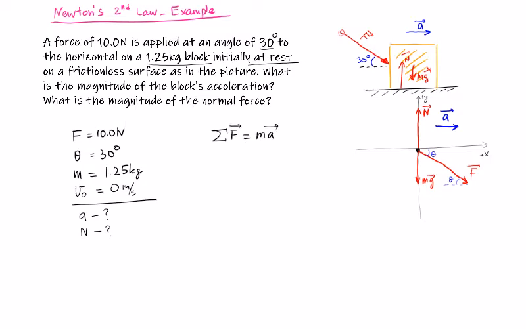That translates into the component form of Newton's second law: the sum of the forces in x equals max, the sum of the forces in y equals may. We know that the object is not moving up and down, so there is no acceleration on the y-axis. So ay is 0, and the y components sum to 0.